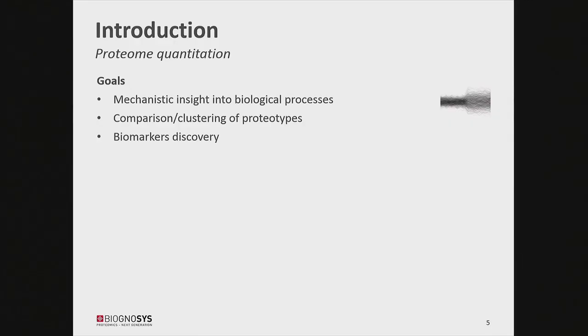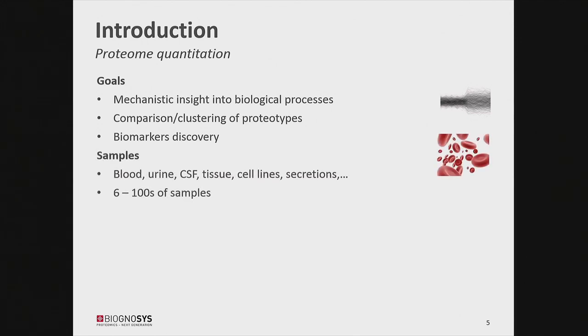The goals can be manifold. You might be interested in the mechanistics of biological processes. You might also want to do more systems biology, things like comparison or clustering of proteomes or comparisons to transcriptomes and so forth. Or you might want to do biomarker discovery, very classical.